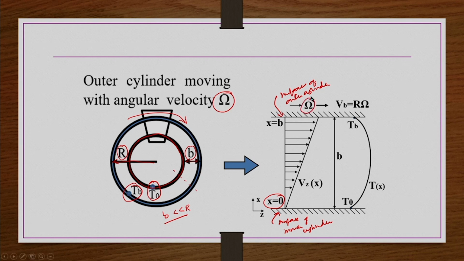If you convert this velocity into the rectilinear coordinate velocity component, you get R omega, and let us designate R omega as V b, right.